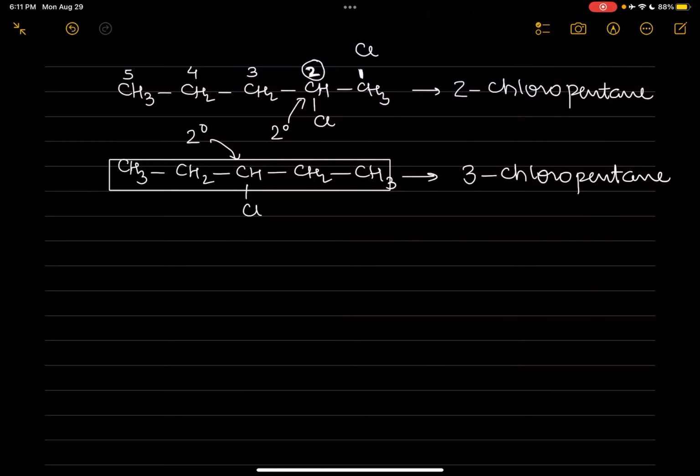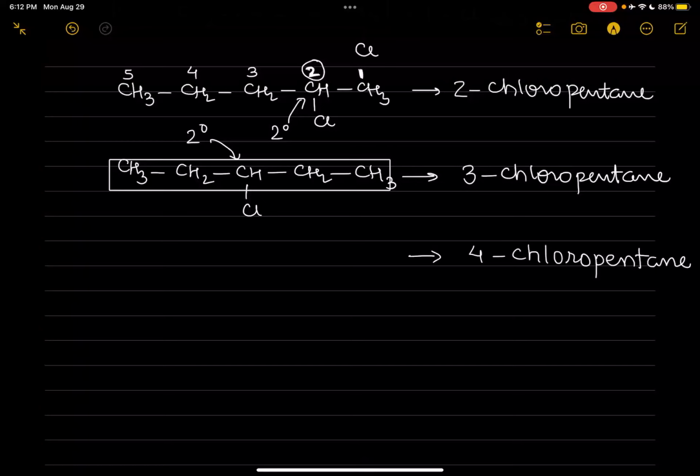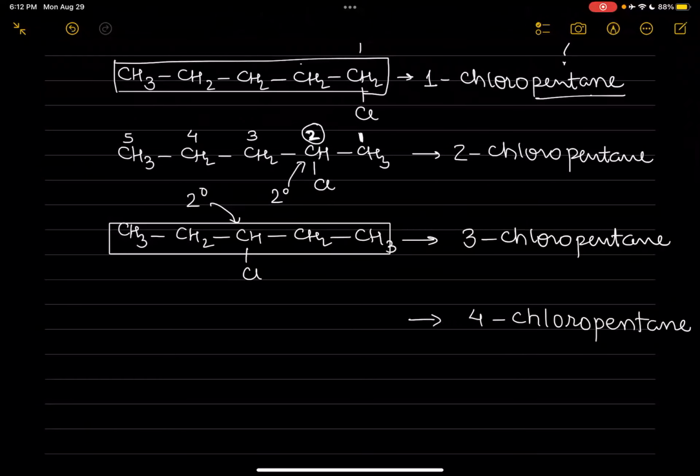Suppose someone says, will 4-chloropentane form or not? What about 4-chloropentane? We have not written it here. Someone may ask why we have taken 1, 2, 3 and not 4-chloropentane.